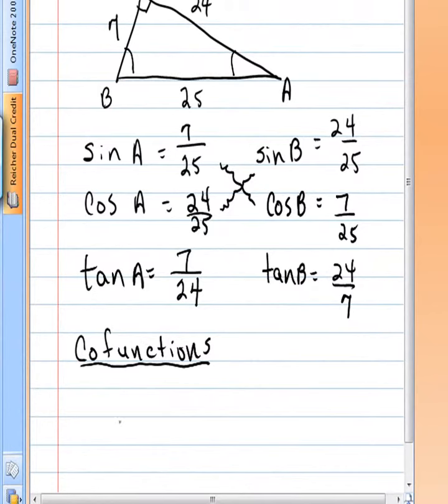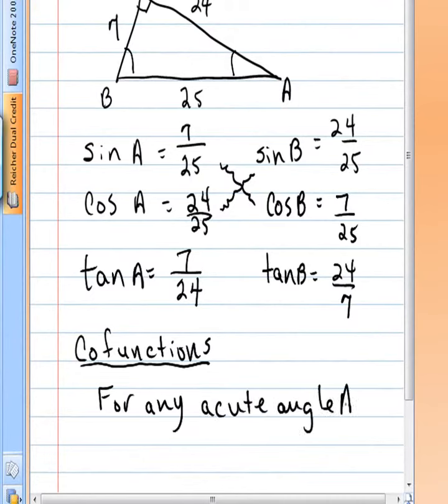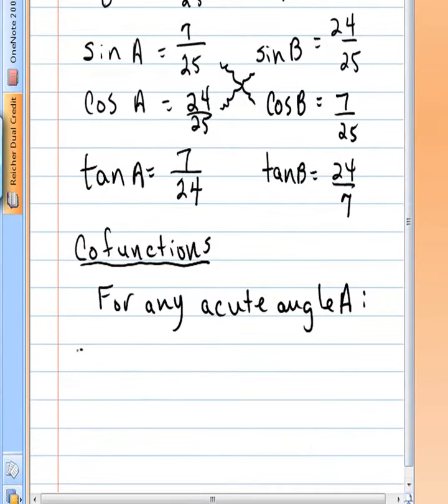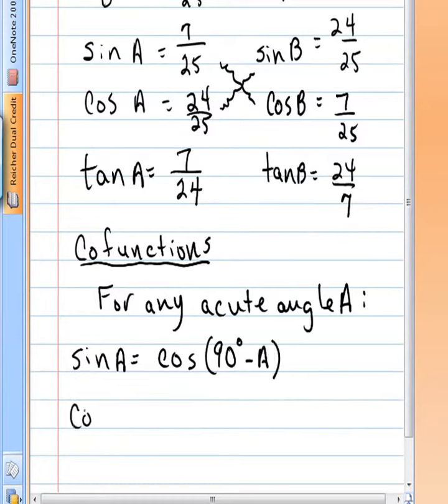For any acute angle A, the following is true. Sine of A is equal to the cosine of 90 degrees minus A. Cosine of A is equal to the sine of 90 degrees minus A.